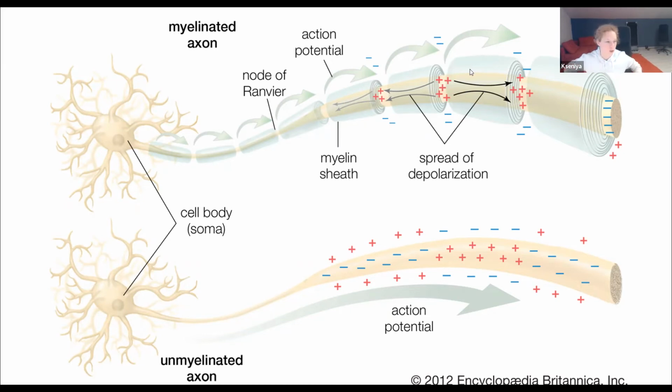So if you want to find the speed of transmission of the signal through such a long neuron, you should just sum up the length of the parts without myelin and find the speed of transmission along this shortened axon.